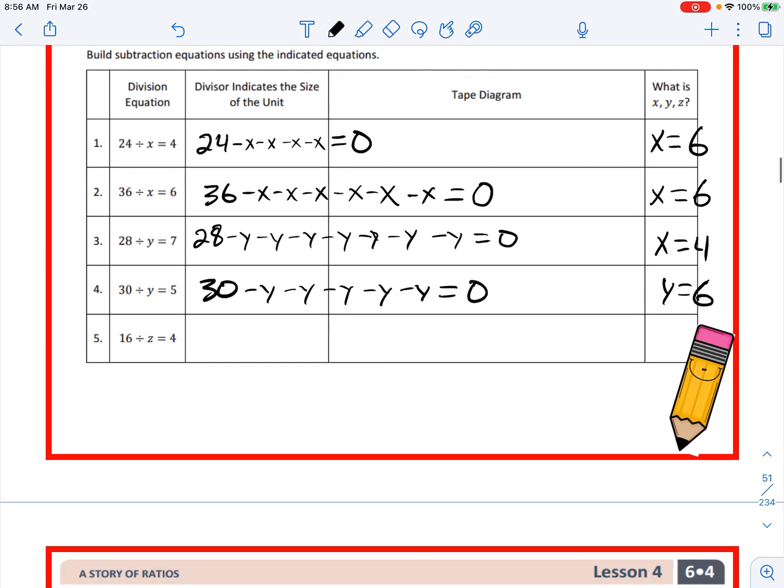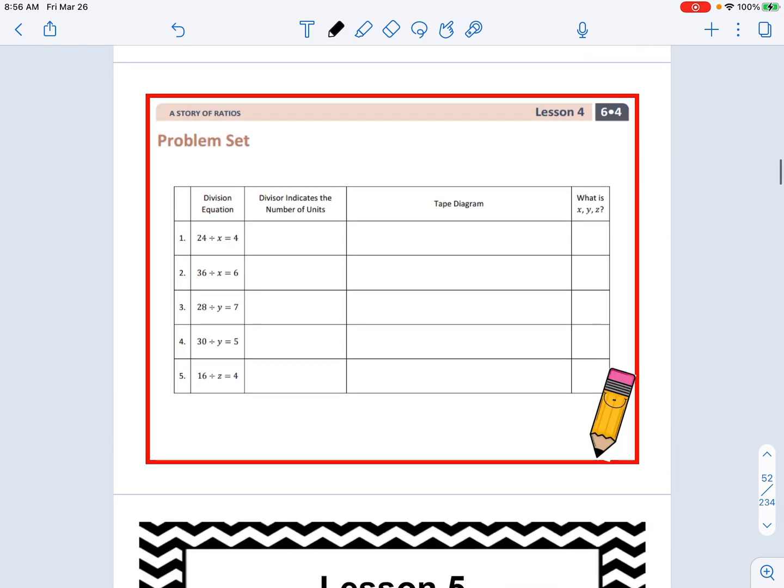And last one, 16 divided by z equals 4. We're going to subtract z 4 times. 16 minus z minus z minus z minus z equals 0. Okay? And z is going to equal 4 because 16 divided by 4 equals 4.